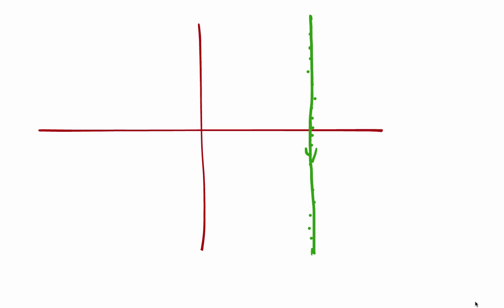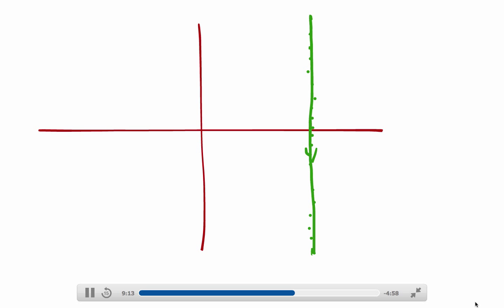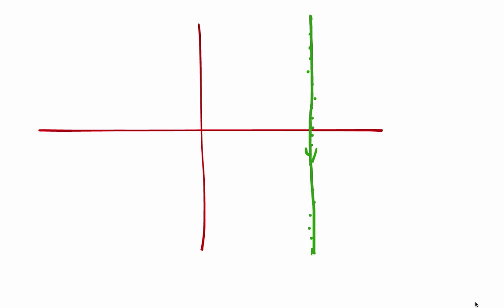Alright, so now next we're going to have to find the vertex. For the vertex, we take our axis of symmetry, which is 4, and put it into our equation. If you remember, our equation was x squared minus 8x plus 15. So I take the 4 and put it in our equation.